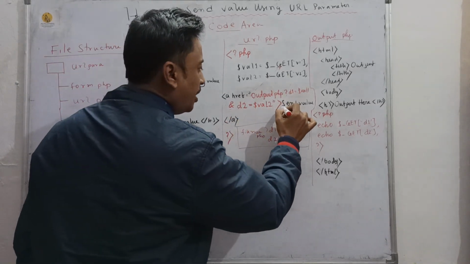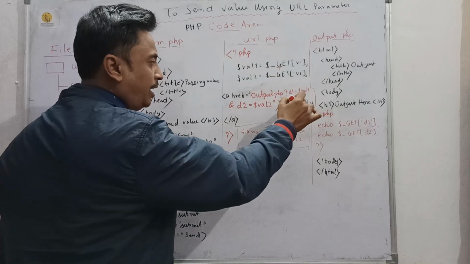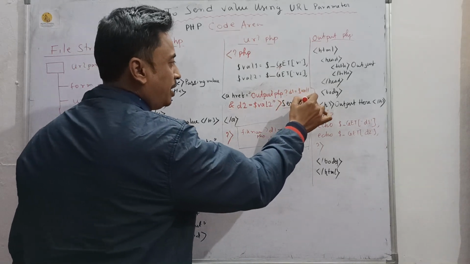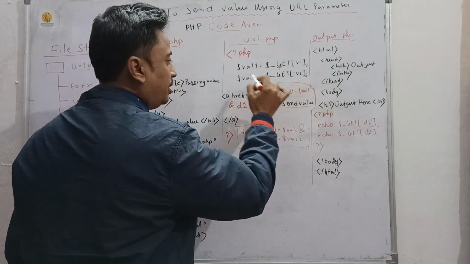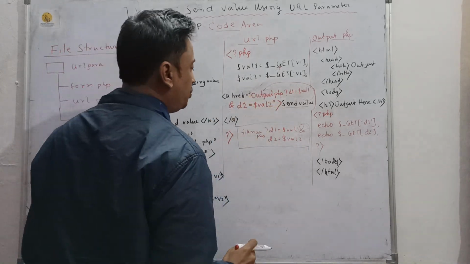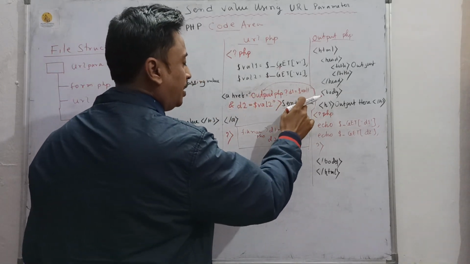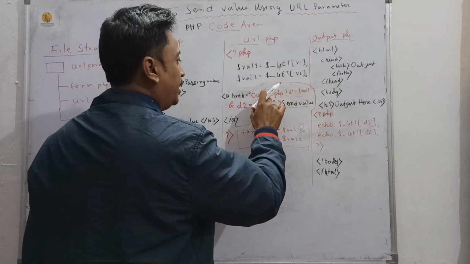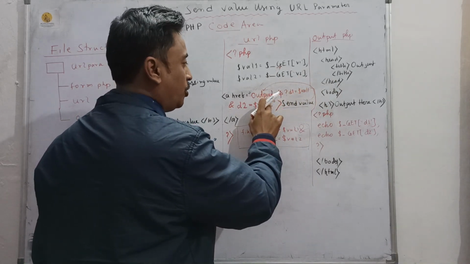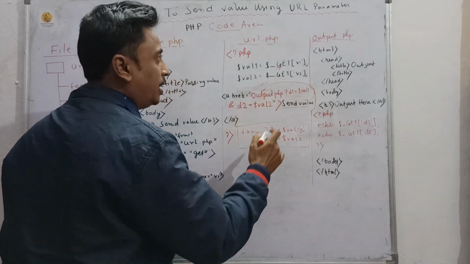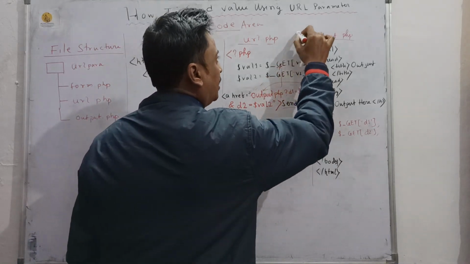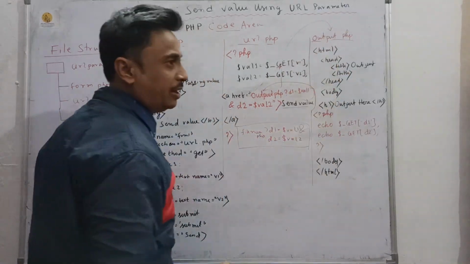Then we are writing the link text. When any user clicks on this link, the click event calls this file, output.php. So if this is my output.php, I'm writing output.php here.